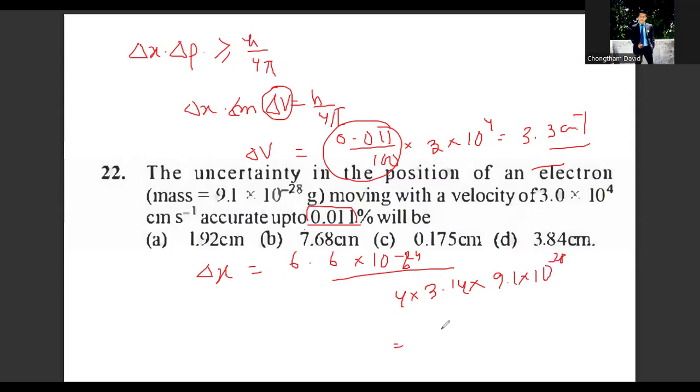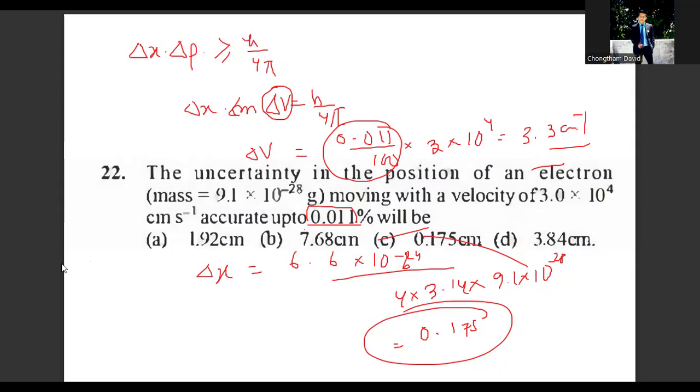So the value would be calculated, and multiply with 6.6. The answer would be C, 0.175. Clear?